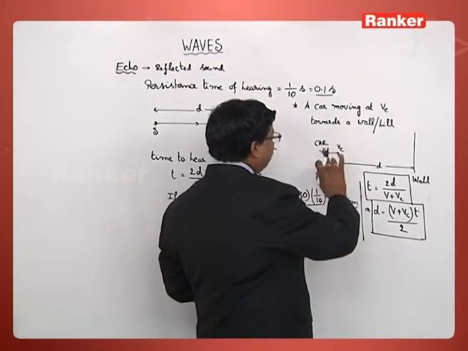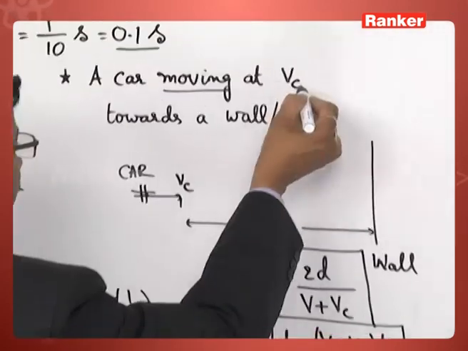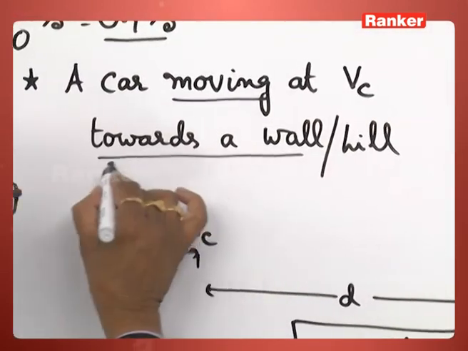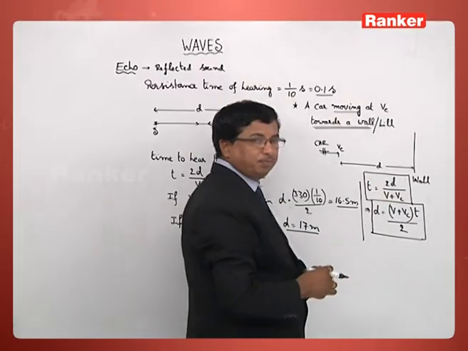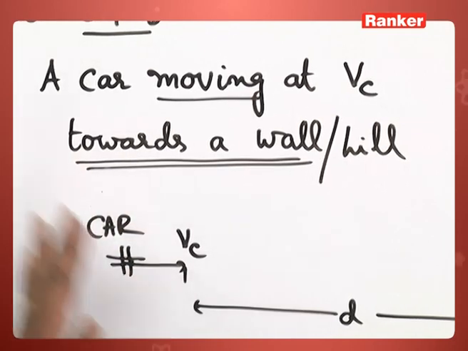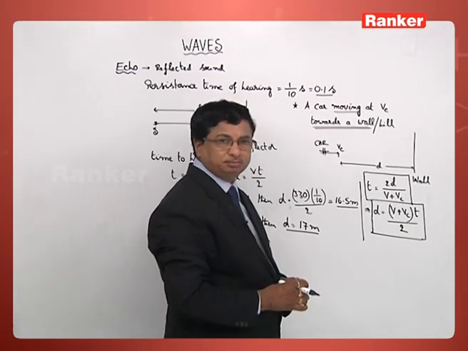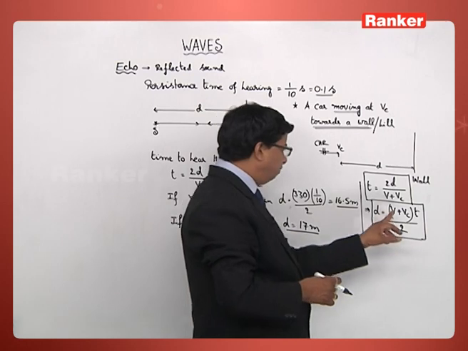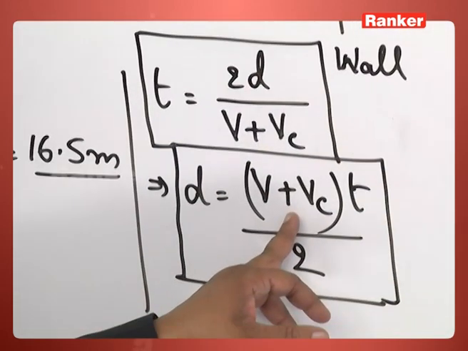So, if you look at this one, car moving at Vc towards the wall, that is the concept. By any chance, if the car has started moving away from the wall, then what happens? Very simply speaking, this becomes negative.